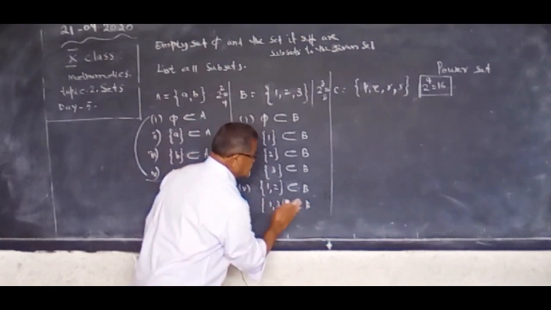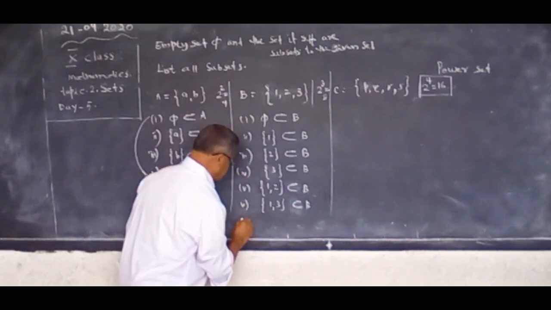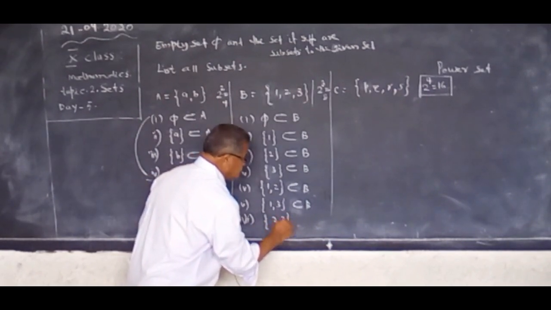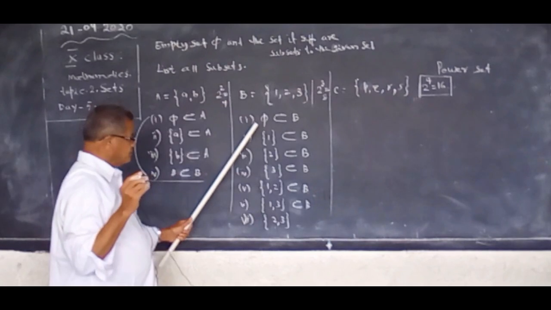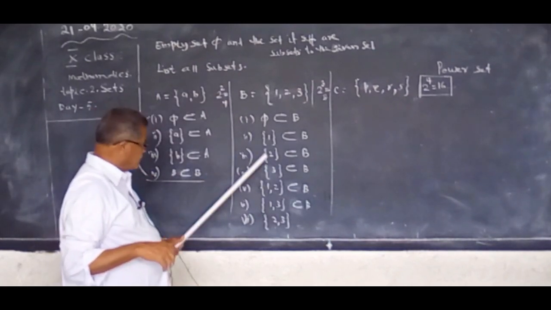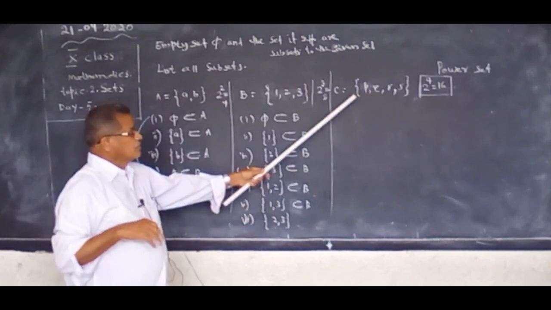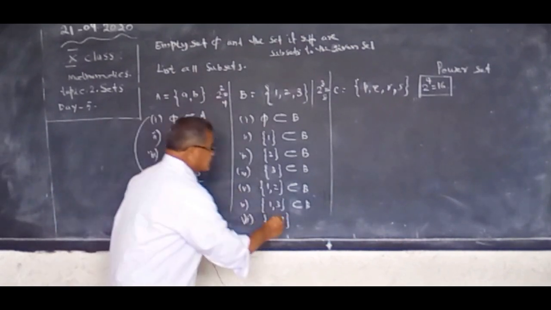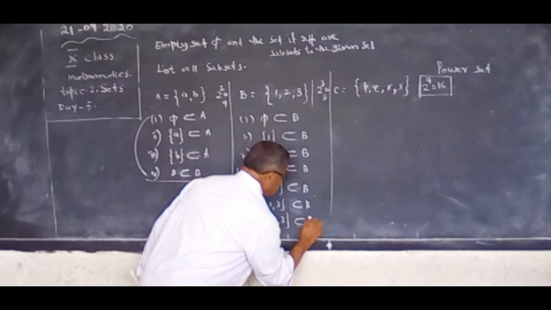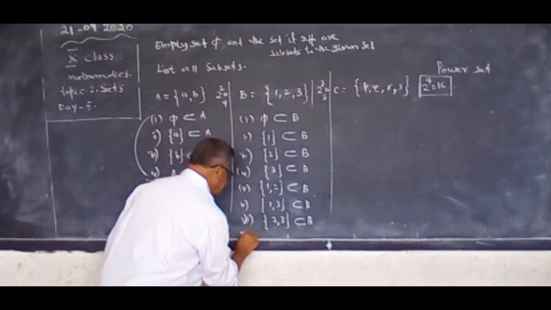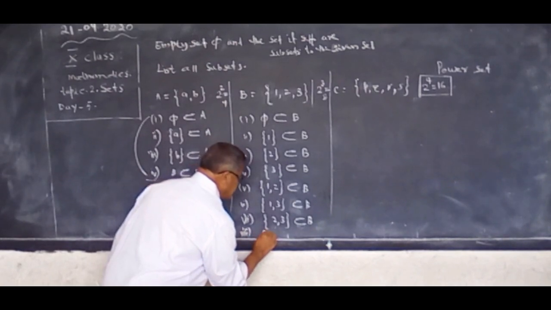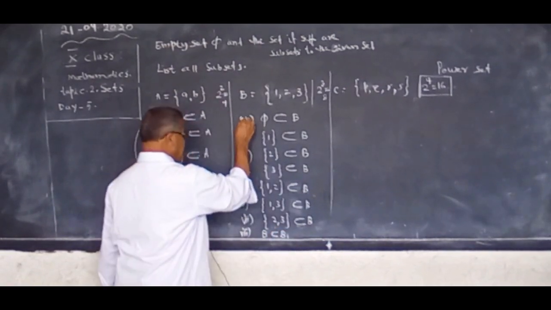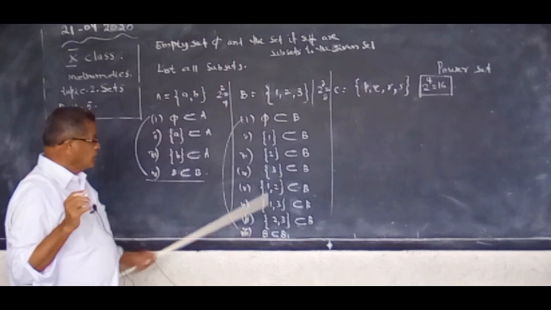And after 1, we start with 2. 7: 2, comma 3. So first the null set, then one element, then two elements, and if there are 3 elements, like that, that is also a subset of B. And the 8th, the set B itself, is a subset of B. So here the null set and the set itself are subsets.